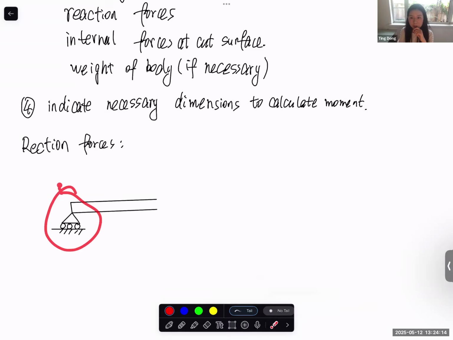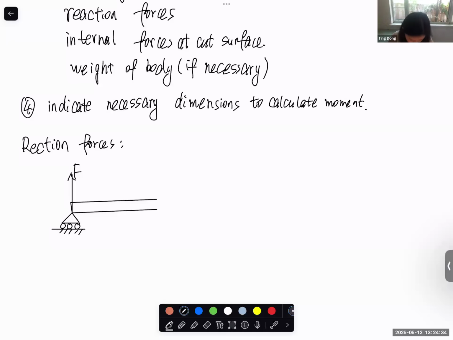In what direction? How many components? Anyone? For a boundary condition like this, one reaction upward, yes. So in this situation, it's a roller support, so it only has the reaction force upward.